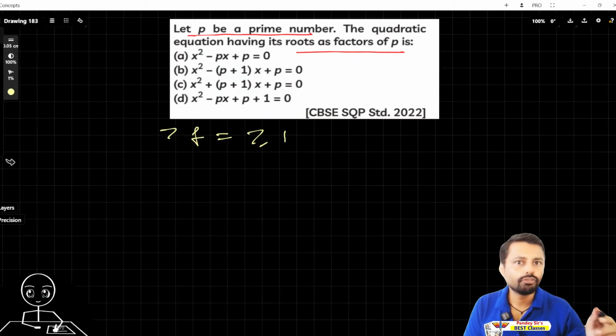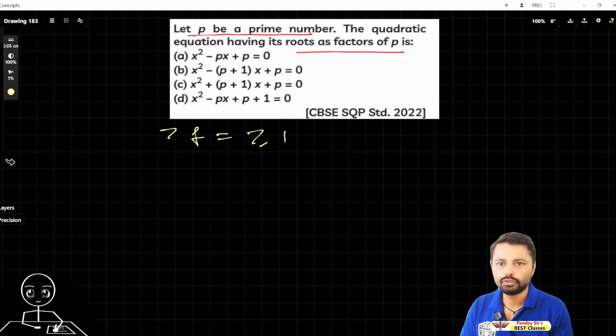And if we know the roots, there is a formula to form the equation.